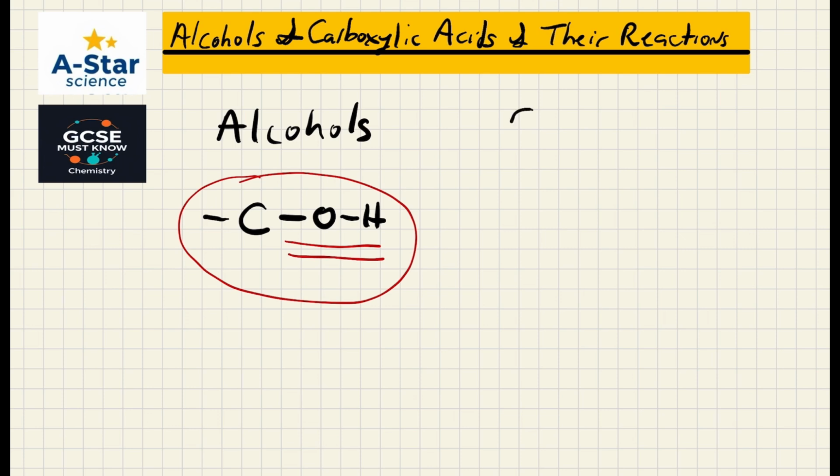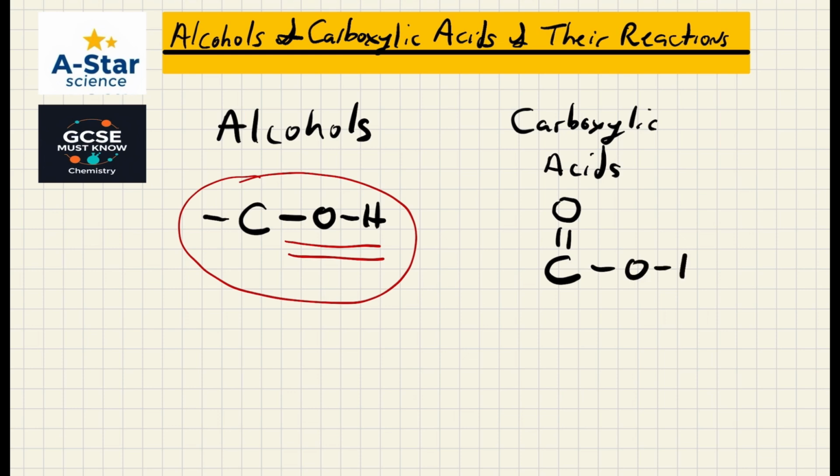Then we have the carboxylic acids. And they have a carbonyl group, which is a carbon double bonded to an oxygen, attached to an OH group. And we call those carboxylic acids. And of course, they're named the same way that the other organic molecules are named.